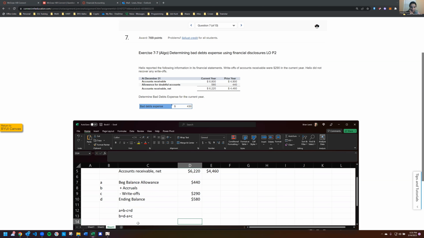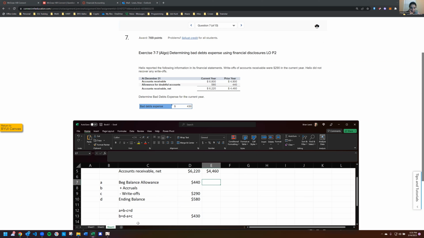If we do that, then we should be able to do this. B equals D minus A plus C, 430.